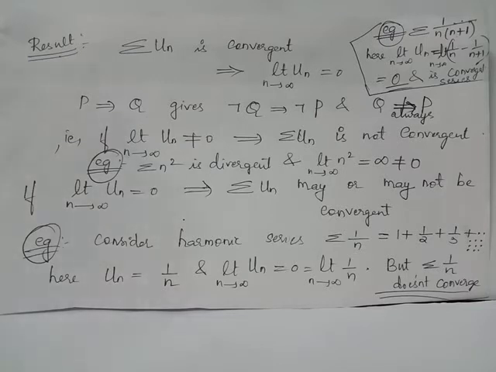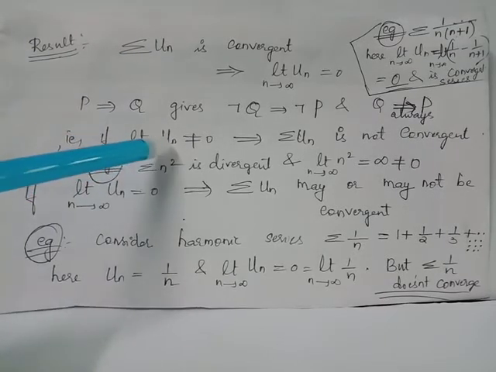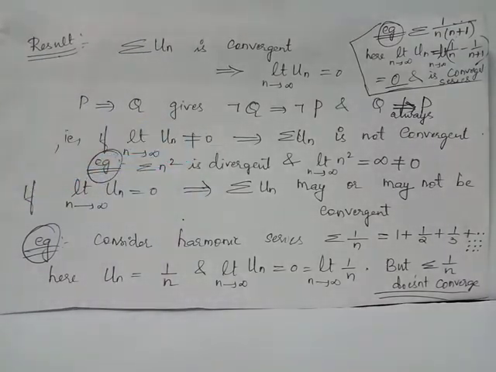In other words, if limit n tends to infinity un is not equal to 0, suppose you get limit n tends to infinity un equals positive infinity or negative infinity or some other value which is different from 0, in all such situations you can directly conclude that the corresponding infinite series represented using summation un will be divergent. Let us look at an example.